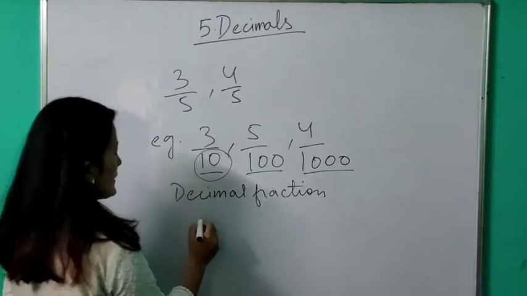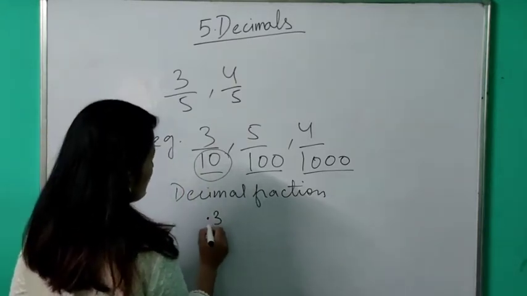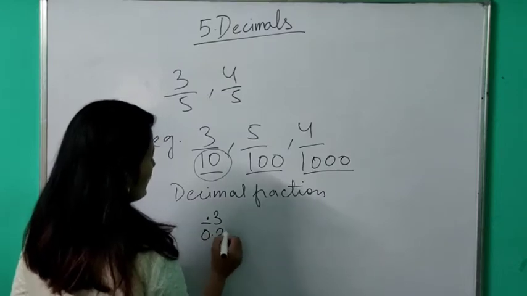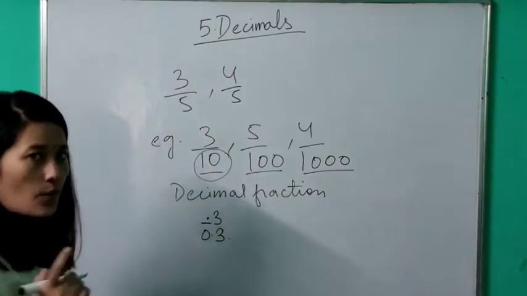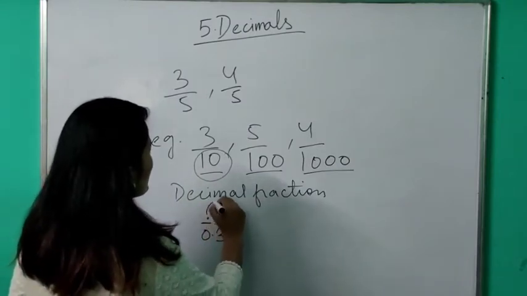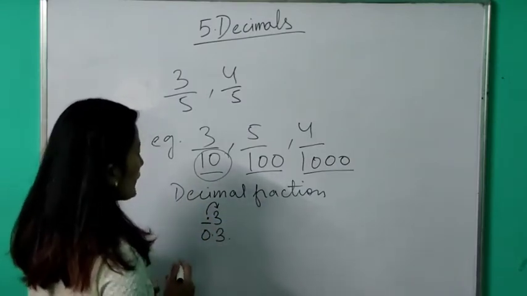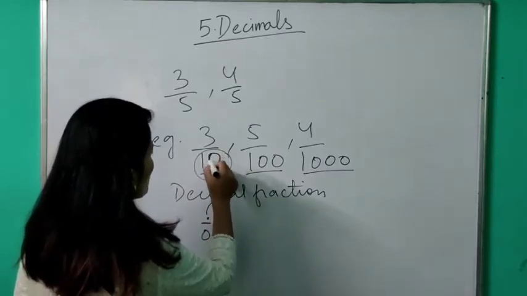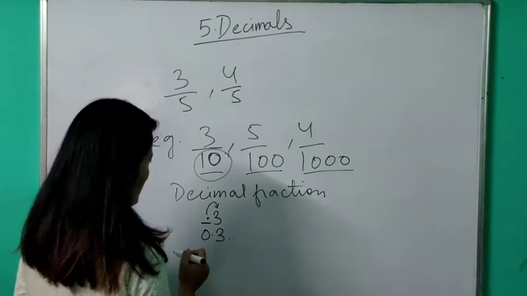So this 3 by 10 can be written as 0.3. This is the decimal point. And keep one thing in mind, the number of digits after the decimal point will be equal to the number of zeros in the denominator.